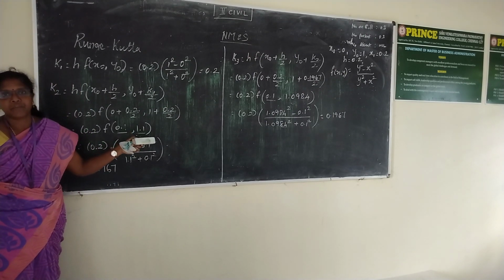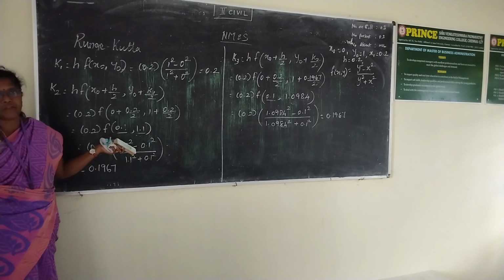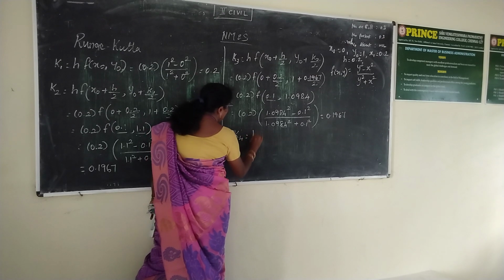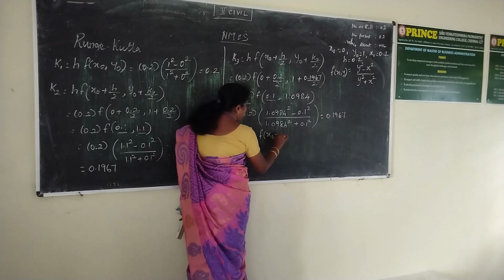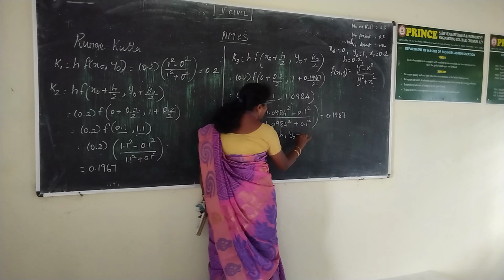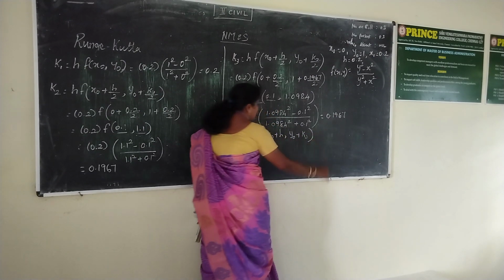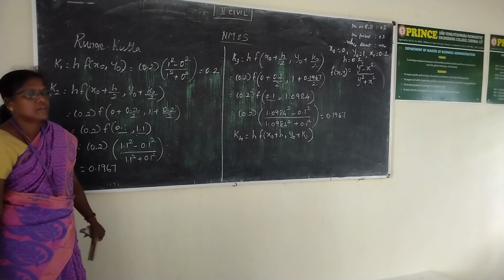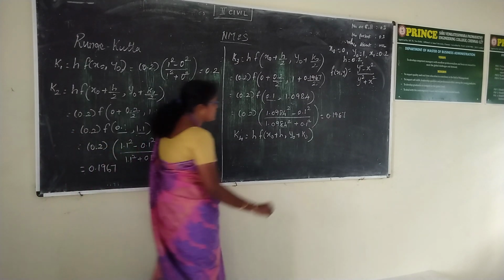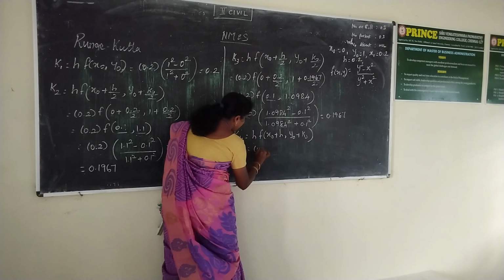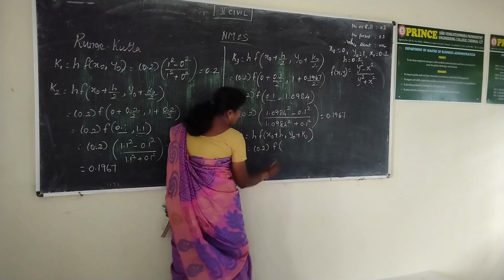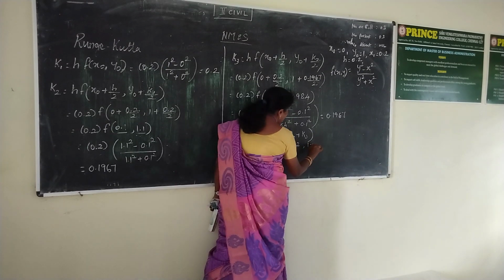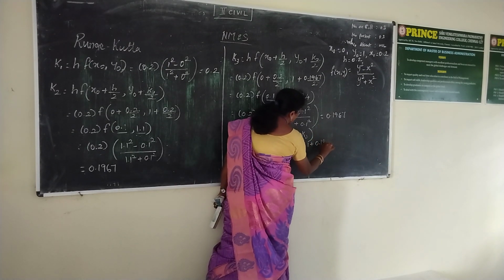Understood by everyone? Yes? Should I proceed with K4? So right, K4 equal to h into f of x naught plus h comma y naught plus k3. Substitute the values. h value is 0.2, f of x naught is 0 plus 0.2, comma y naught is 1 plus k3, 0.1967.